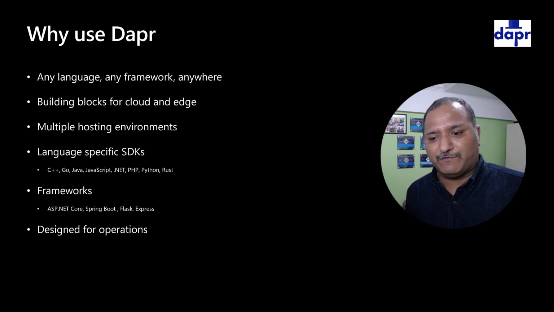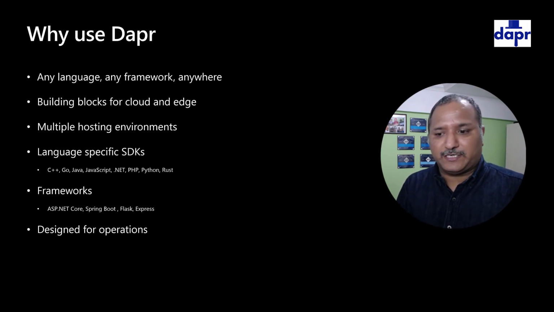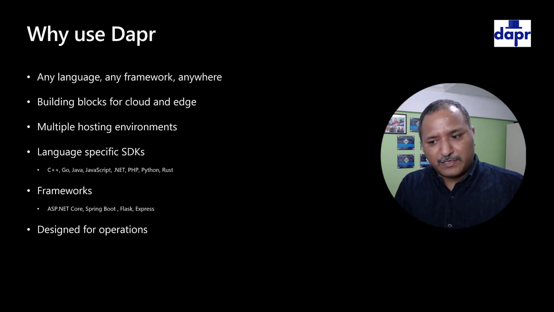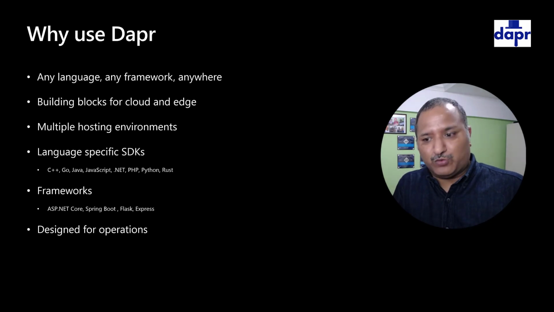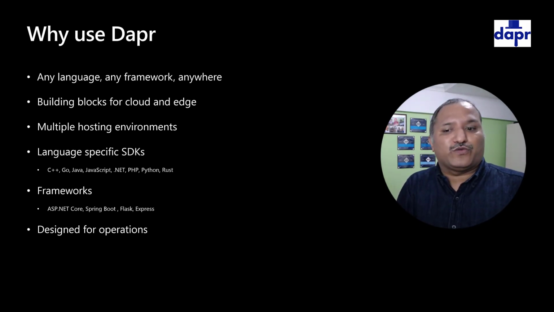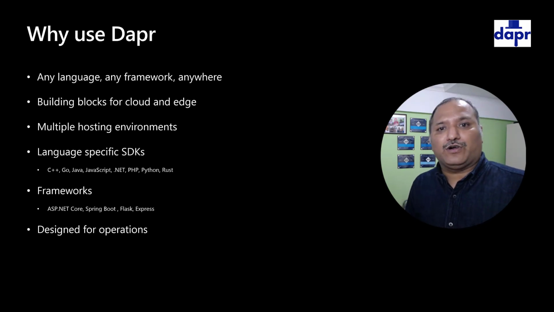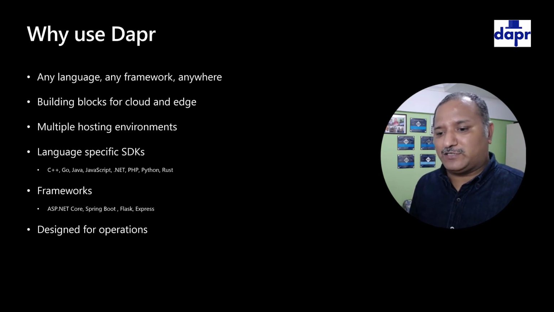When it comes to the framework, there is support for ASP.NET Core, which we saw in today's demo. In the subsequent ones, I will also show how to use Spring Boot with Dapr. If you are a Python developer, then there is support for Flask, and on the JavaScript side, there is support for Express.